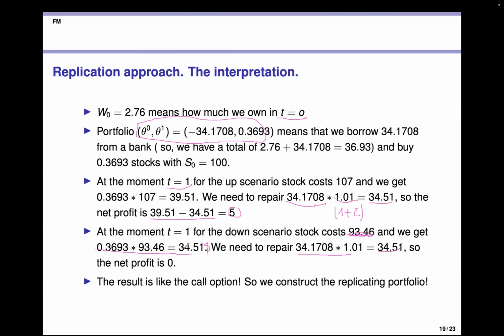So it is 34.51 minus 34.51, which is 0. So the result is like the call option, the payoff from the call option, 5 and 0. So really, we constructed the replication portfolio. Maybe it's not very simple, but it's easy.